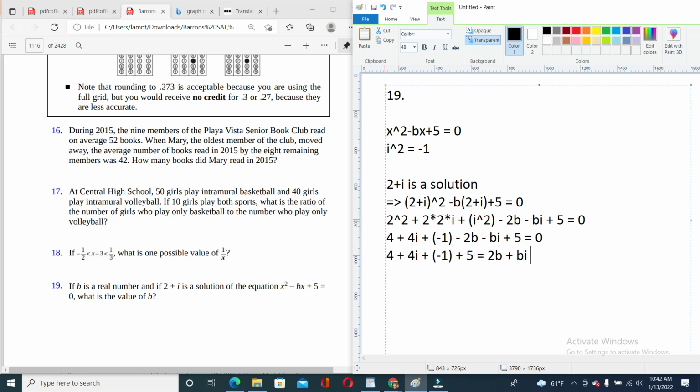On the left side we have 8 plus 4i, equal to 2b plus bi.